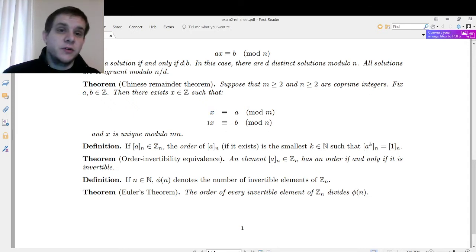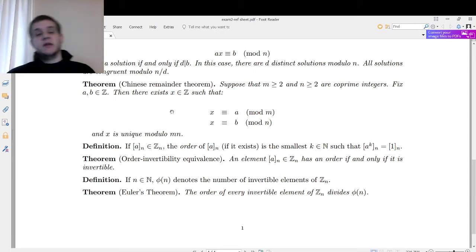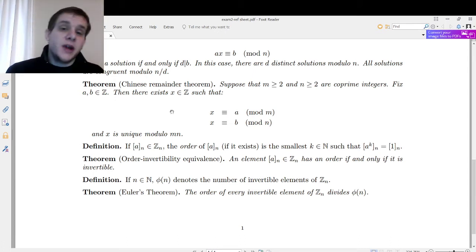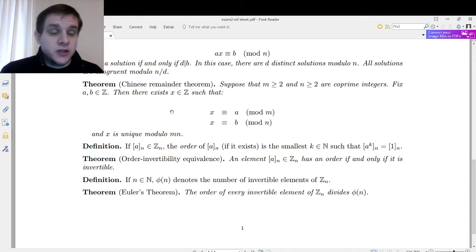And we proved that you can always do this as long as m and n are coprime. And this solution, this number x, is unique modulo m times n. So if I had a different solution, it would differ from the original one by a multiple of m times n. And there are no other solutions. All solutions are of this form.